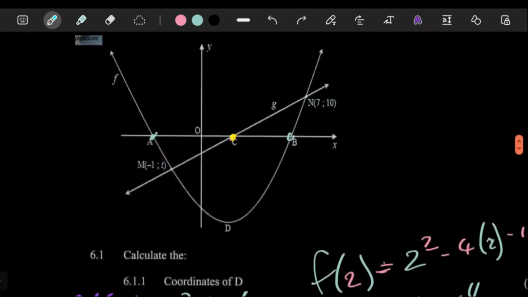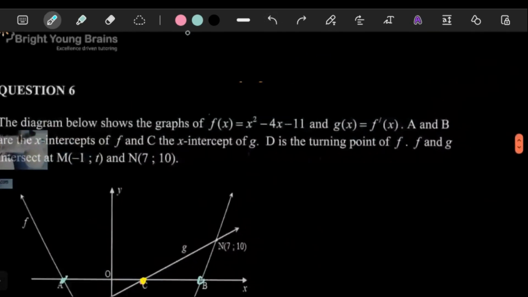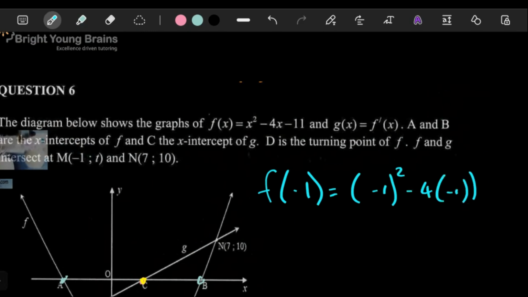The reason is we can get the equation of the straight line, find out what C is, and then use the distance formula to get CN. I don't think that's a big deal. So let's get T. In the equation of the parabola, let's see what the y value is where x is negative 1. We have negative 1 squared, minus 4 times negative 1, and then minus 11.